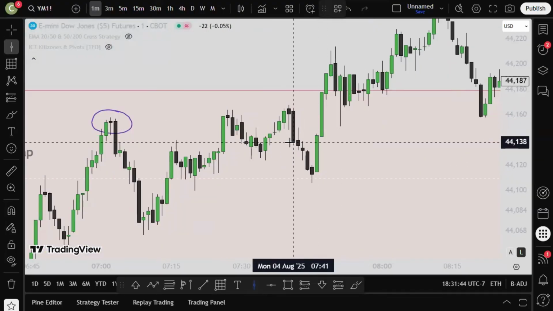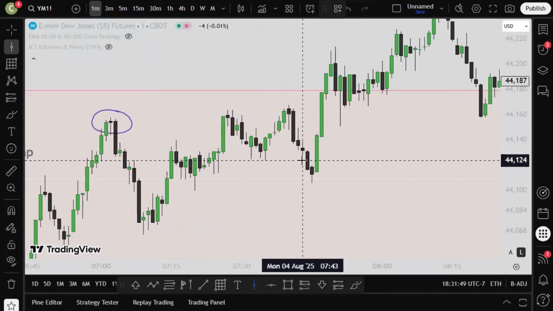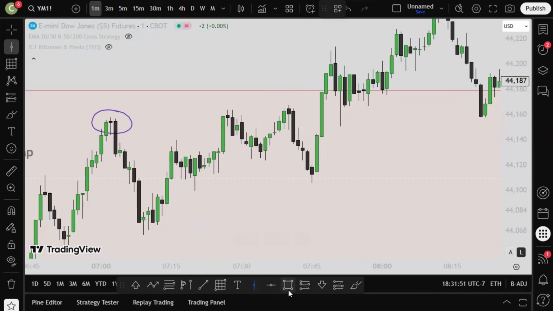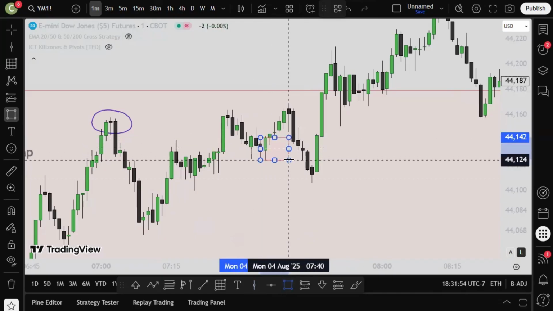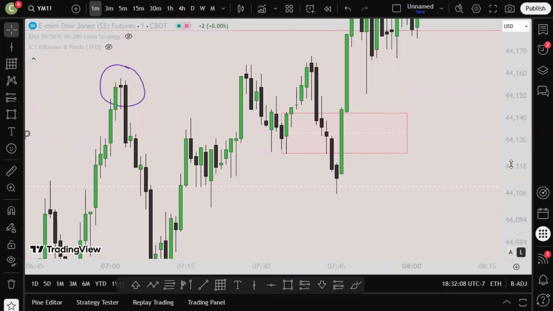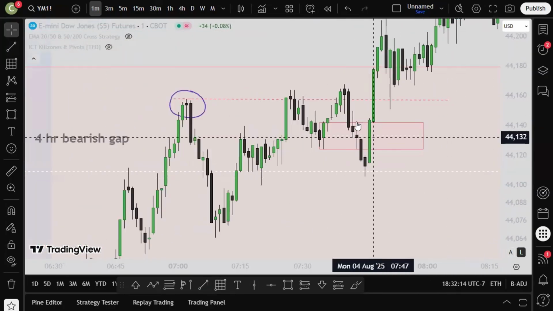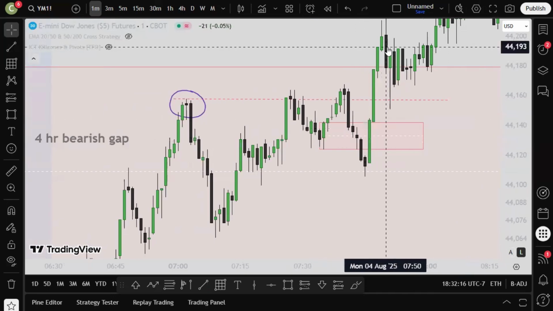Second trap at 7:45 here. You can see we have this slight displacement right here over this low, this being the breaker. We've also taken out these highs right here. So if you did enter this trade and it happened to go this way, I could understand it. It's not a horrible trade. It's not necessarily trading outside of the model.